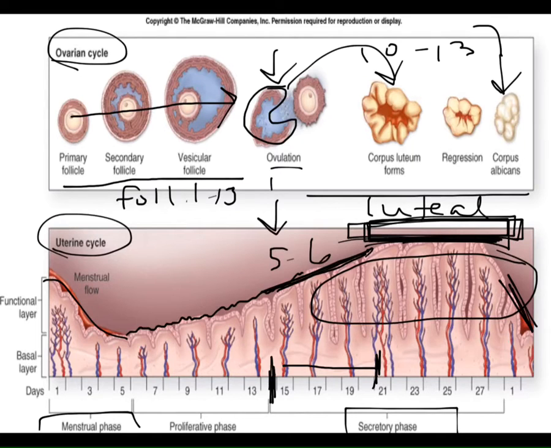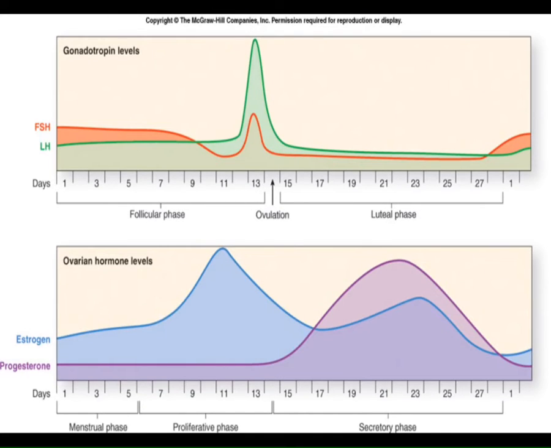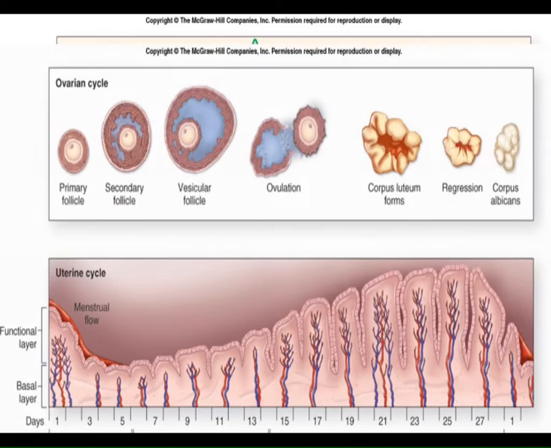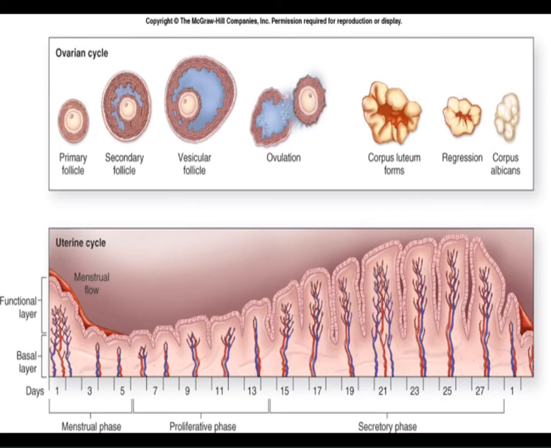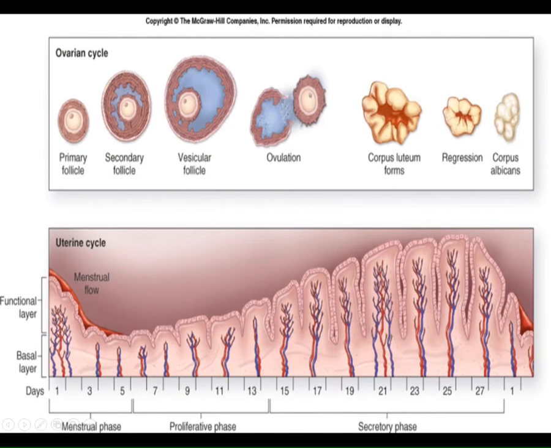Now, what I wish I had was this slide superimposed with this slide. And in your own mind, you might want to do that. So let me go back and do that. That means that right before ovulation, there was a spike, wasn't there, in LH and FSH.